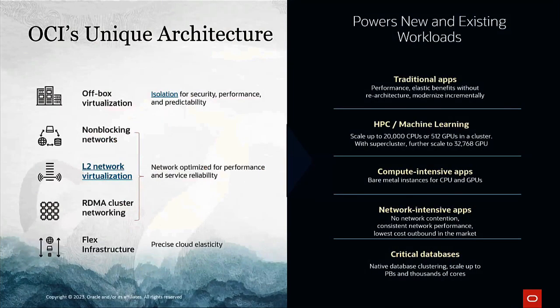So I want to take just a quick look at the underlying architecture and kind of how we built the OCI cloud. Won't spend a whole lot of time here, but the one thing we've talked about a lot is the off-box virtualization, and this is one facet that gives us two key components. One is isolation, so everything is isolated outside of the actual compute infrastructure that you're using.